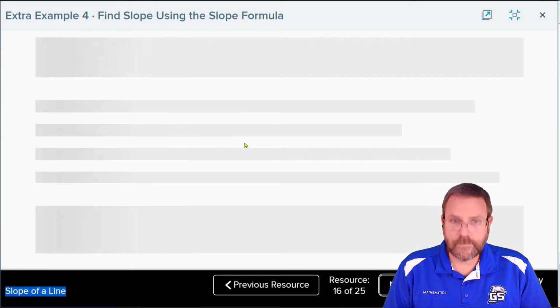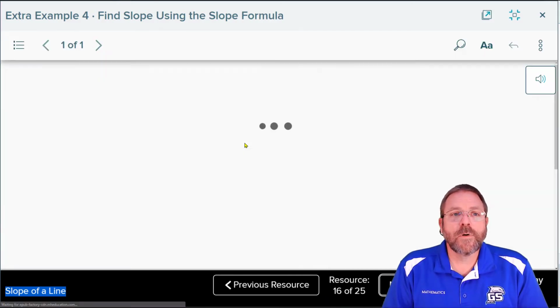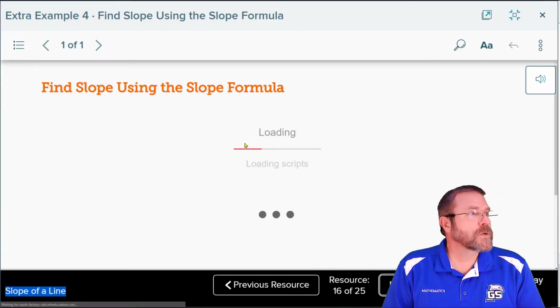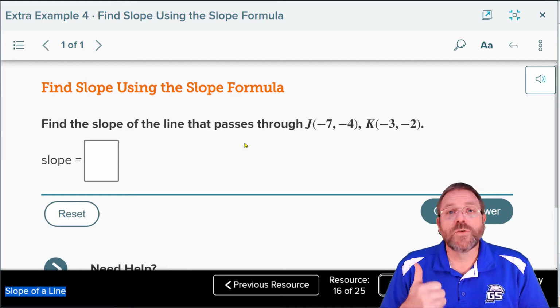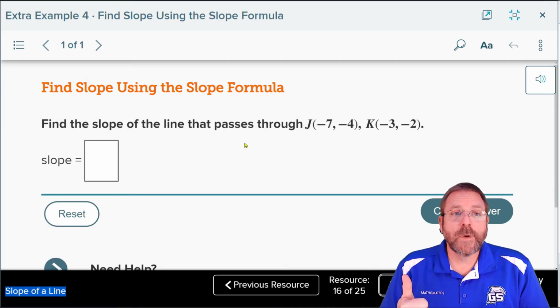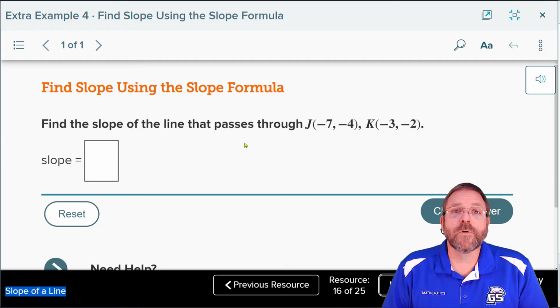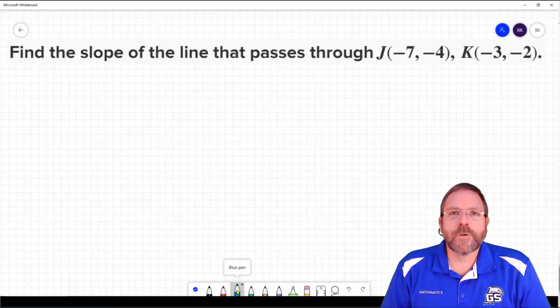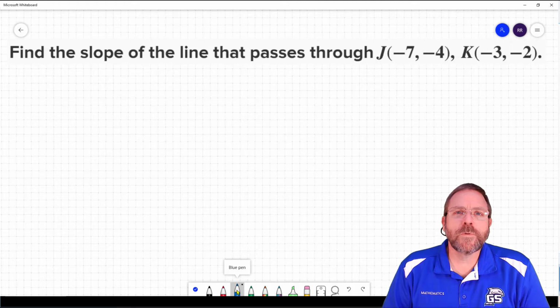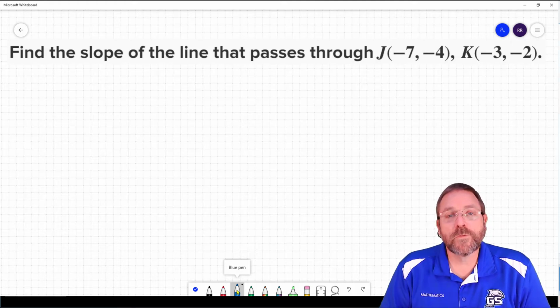Now you pause the video and work extra example number 4 using that y sub 2 minus y sub 1 divided by x sub 2 minus x sub 1 formula. How did it go for you? Well, the first thing I'm going to do is write my formula. That's the first thing you have to do on every problem of your homework.